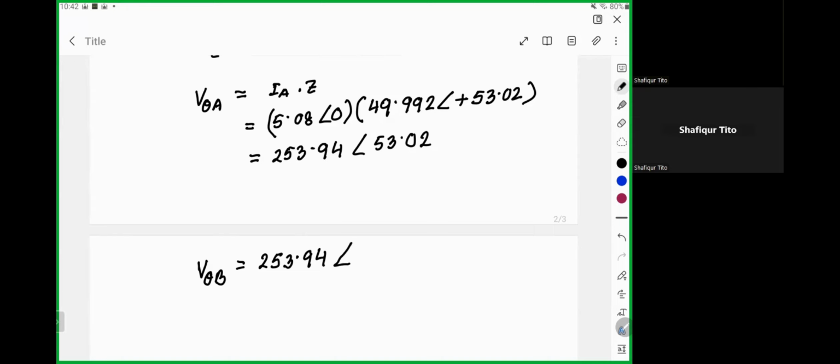Now this angle will be changed. So this will be plus 53.02, and with this, this is theta B, so it will be lagging, that's why minus 120 degree.